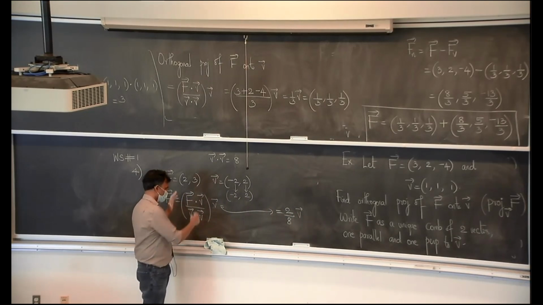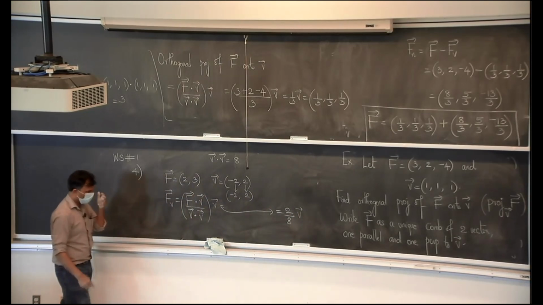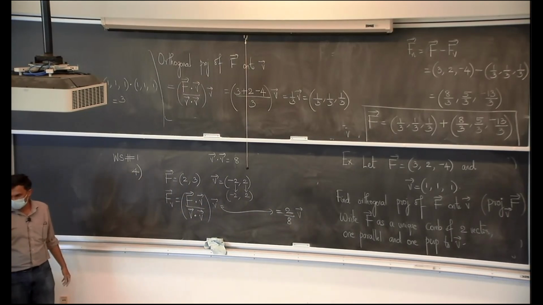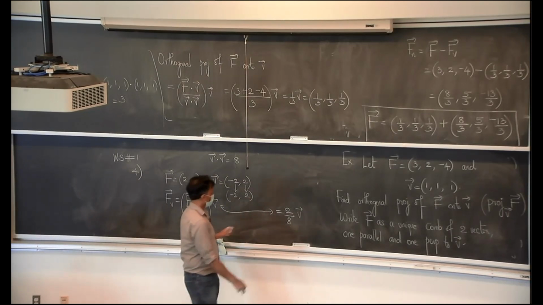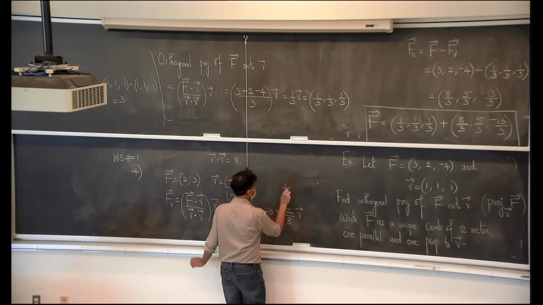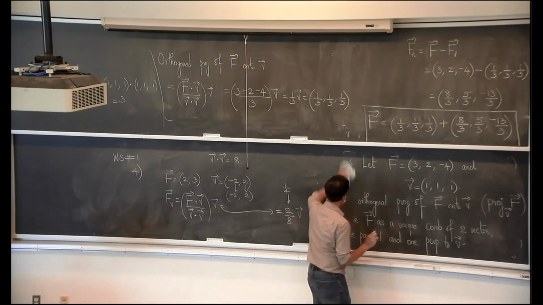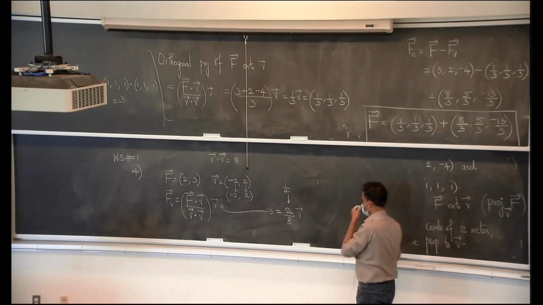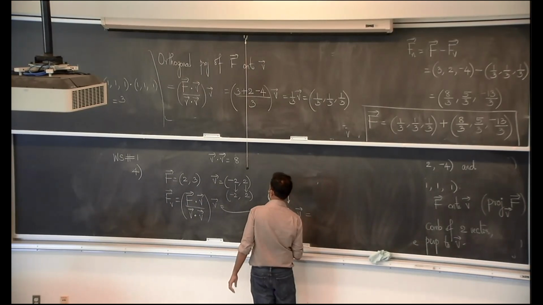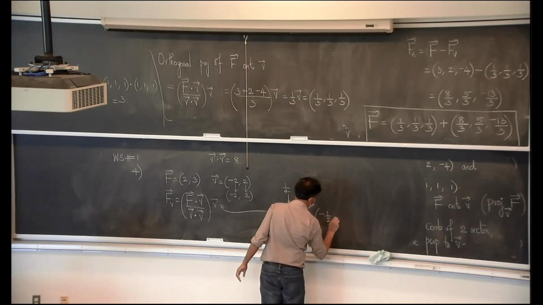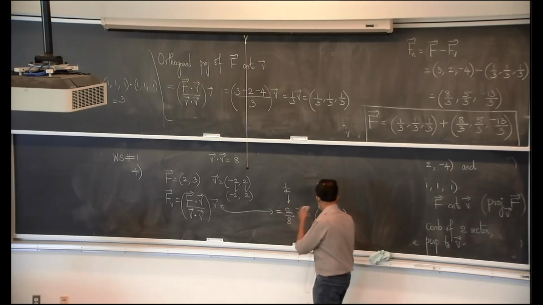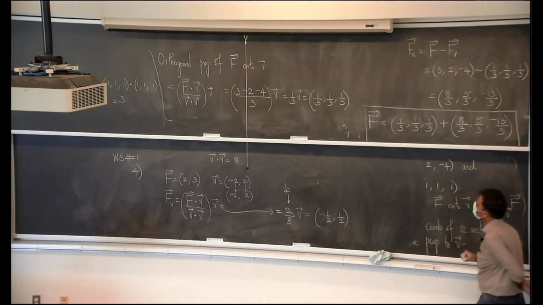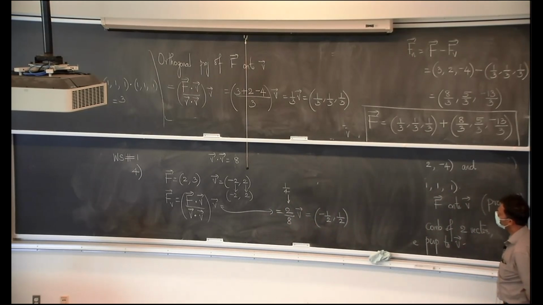It's a vector, so it's some scalar multiple of that vector V. That scalar is what you just obtained using this dot product calculation. 2/8 is 1/4, of course. So 1/4 of the vector V, which is -1/2. So that is going to be your Fv.